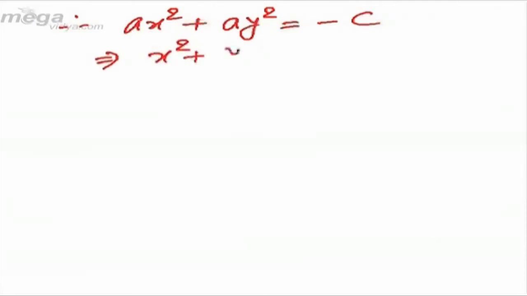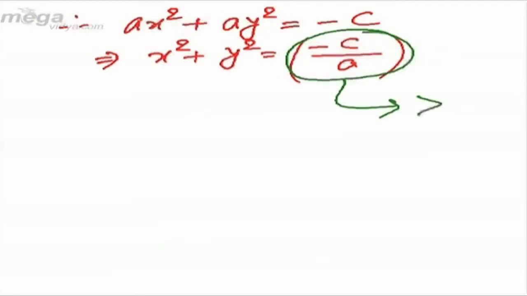So from here we can write ax square plus ay square is equal to minus c. So x square plus y square is equal to minus c upon a, because c and a have opposite sign, so minus c and a will be of same sign, so this whole result will be greater than 0. So this number we can write as r square.